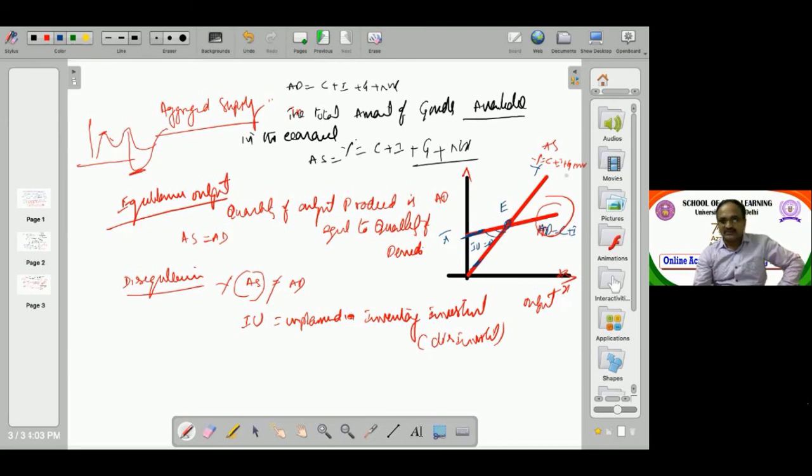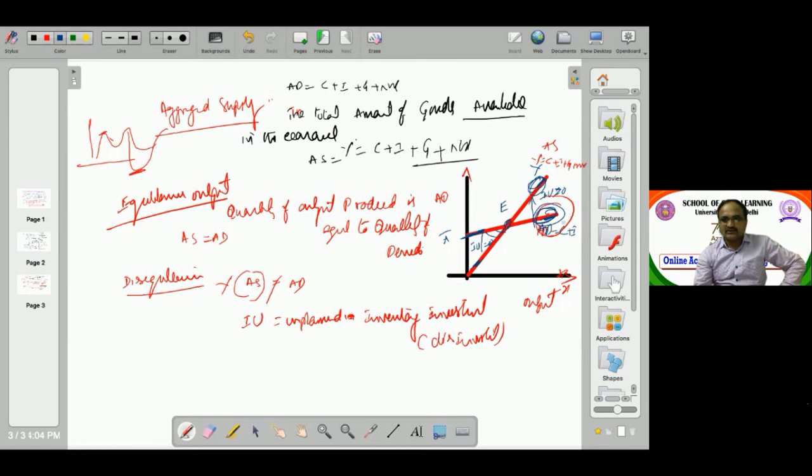Above this point, this is the supply point, right? And this is the demand. When demand is less than supply, here also IU is not equal to zero, it is greater than 0. Supply is high compared to demand. Here is demand, here is supply.